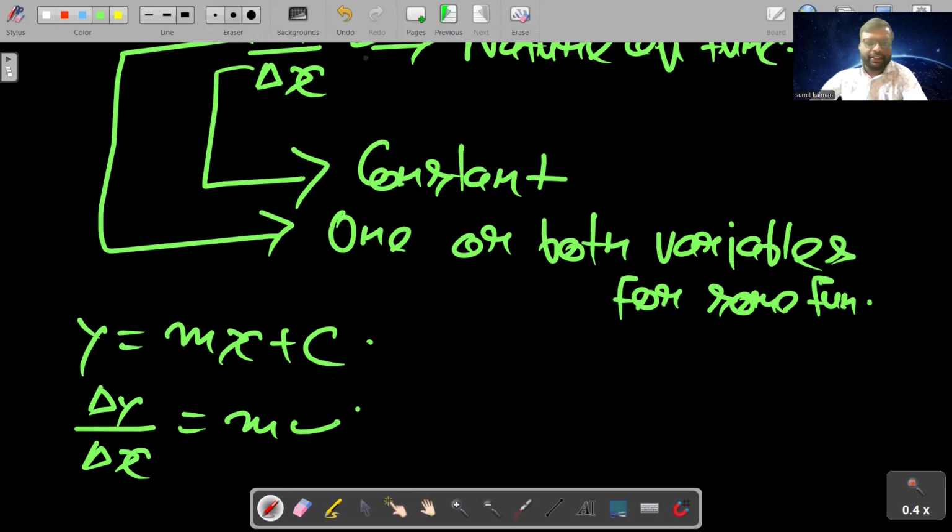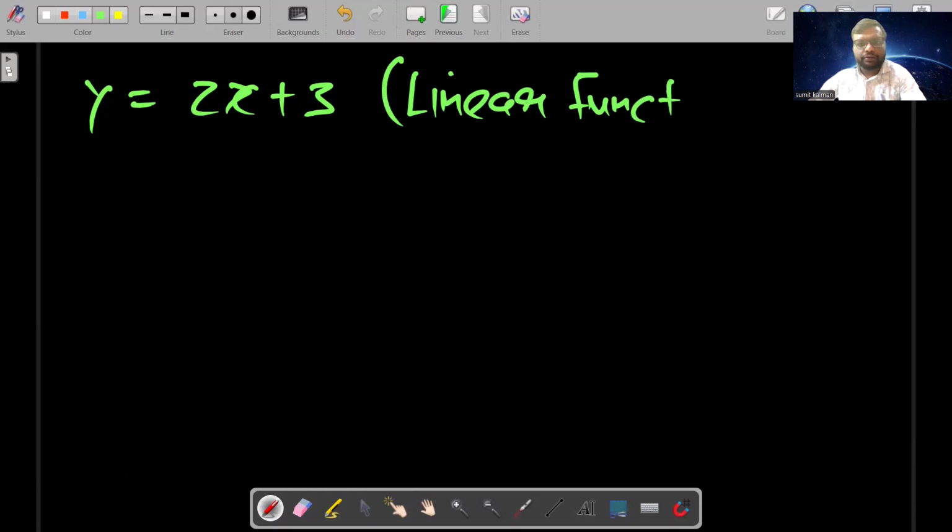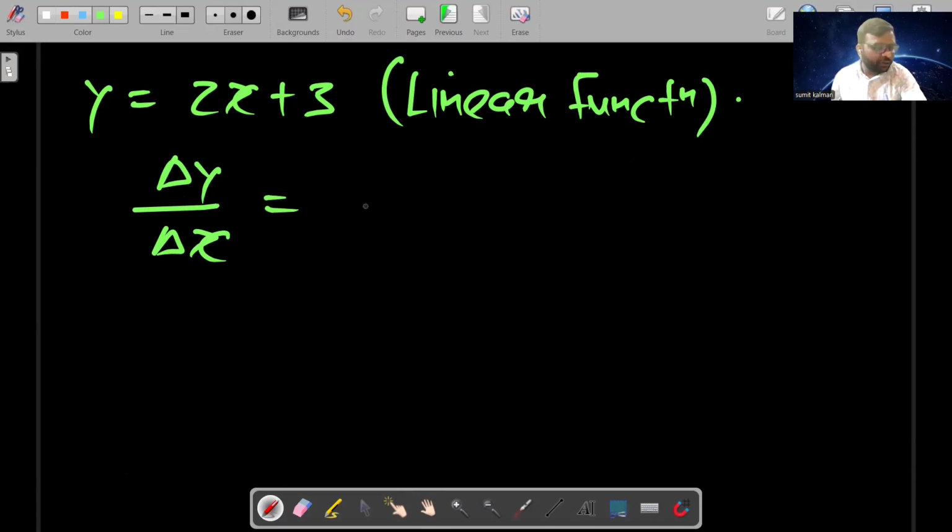Let me clarify this. Suppose you have y is equal to 2x plus 3. It is a linear function. Now, the ratio of change in dependent variable with respect to change in independent variable will come out to be 2. See how?